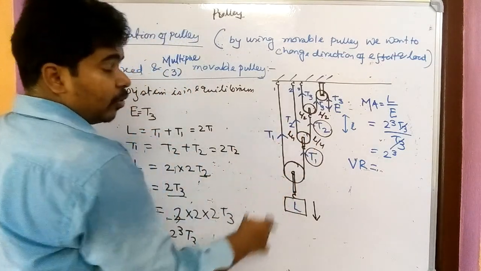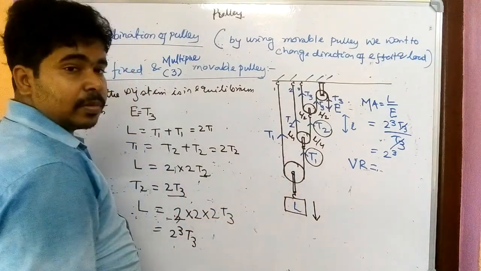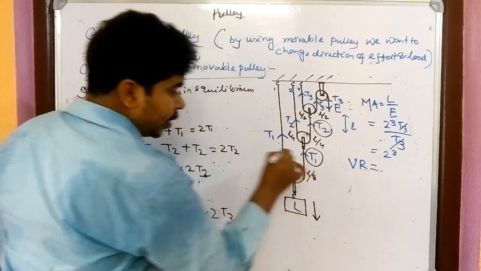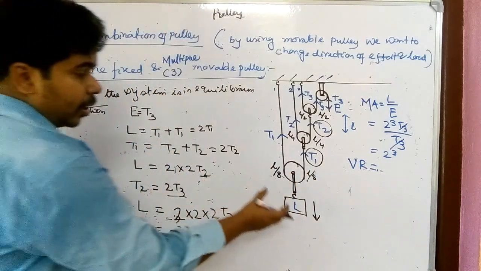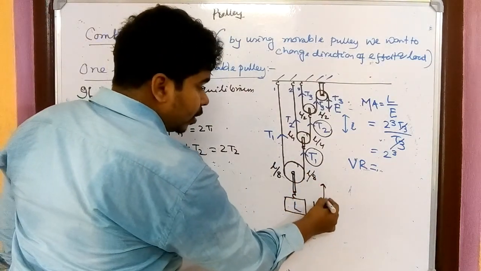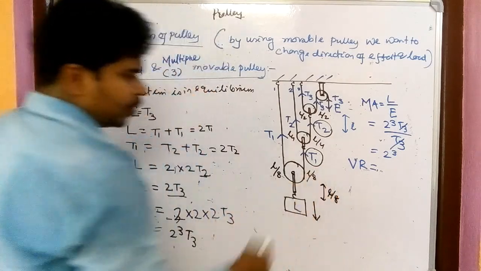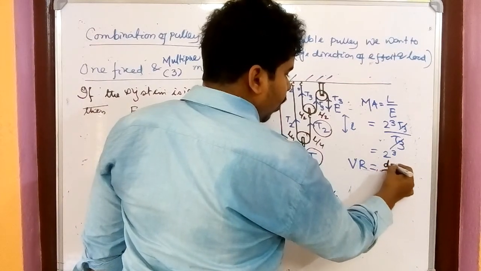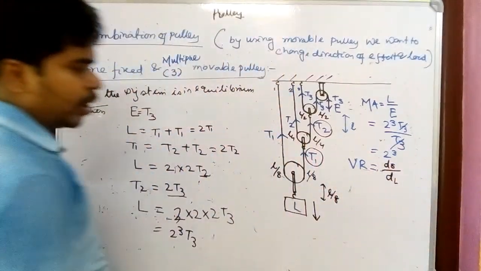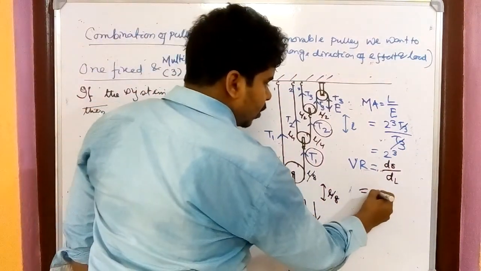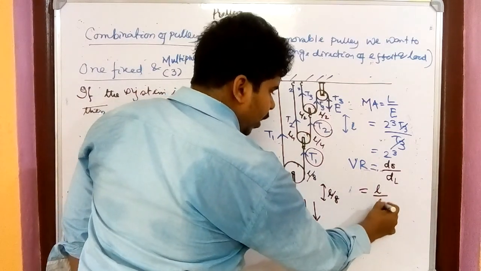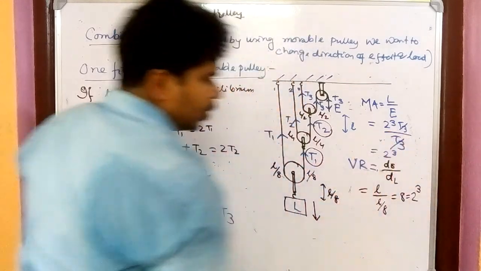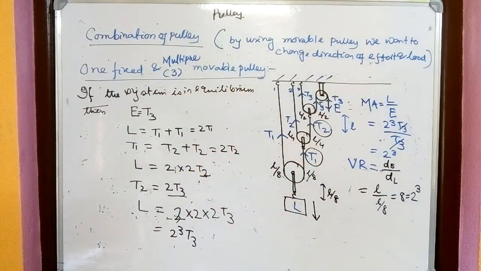And this L by 4 is distributed in these two, that is L by 8, L by 8. That means the movement of load will be L by 8. Velocity ratio dE by dl: dE equals L, dl equals L by 8, so it is 8. That means 2 cube.